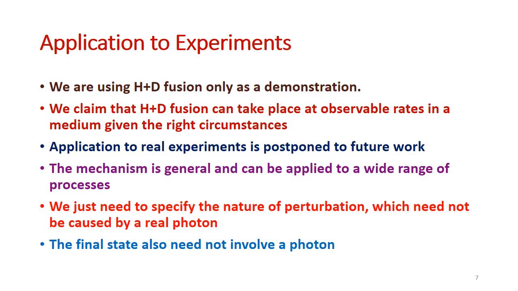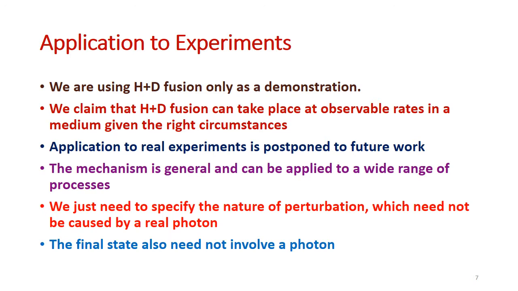I should point out, so now let's think about how we will eventually apply this to experiments. We must point out that we are not claiming that the experiments that have seen this phenomenon are necessarily seeing hydrogen and deuteron fusion. We are using this only as a demonstration.